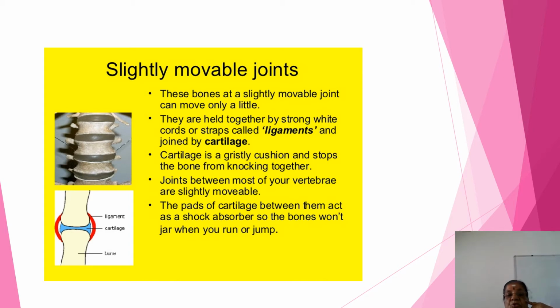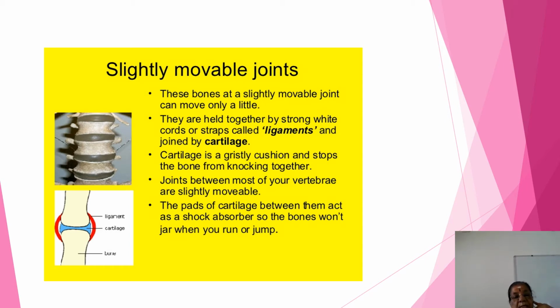Joints between most of your vertebrae are slightly movable. The pads of cartilage between them act as a shock absorber, so the bones won't jar when you run or jump. I hope you understand. Since it is protective, when you run or walk or jump, it will not show any jerk.